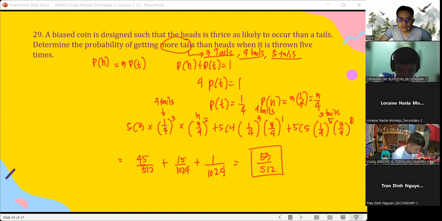The probability of getting a tail is 1/4, so that would be raised to 3. Heads is 3/4, so raised to 2, because 2 heads. If 4 tails naman, raised to 4, so 1 head na lang, so raised to 1. This one is 5 tails, so raised to 5, then no heads, so raised to 0. So simplifying, you'll get 53 over 512.